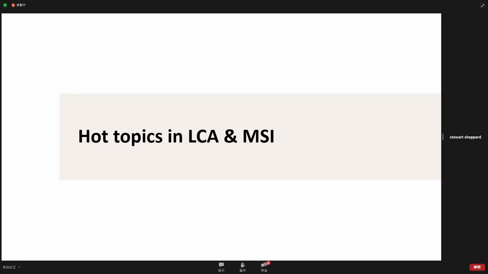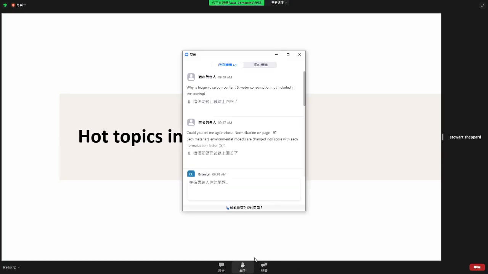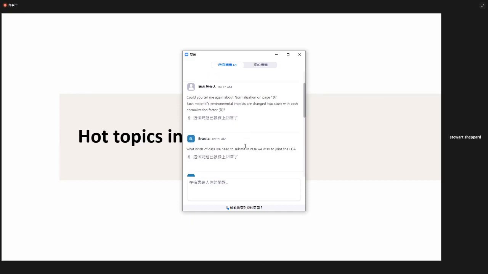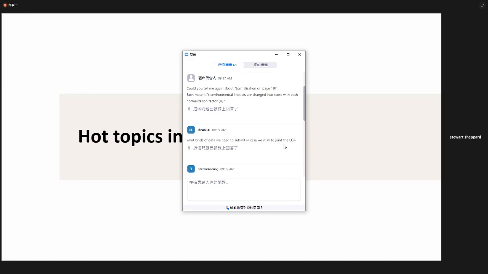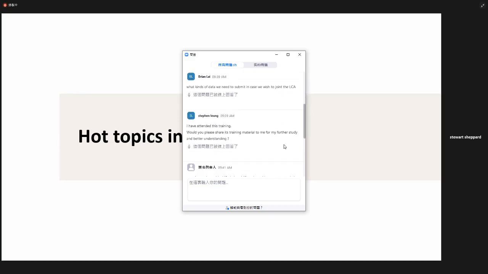Each one of them has several data points around energy, water, chemical use, and greenhouse gas emissions, what type of energy, whether it's electric, whether it's thermal, what type of thermal energy. So quite a few data points for each one of those 15,000 facilities.